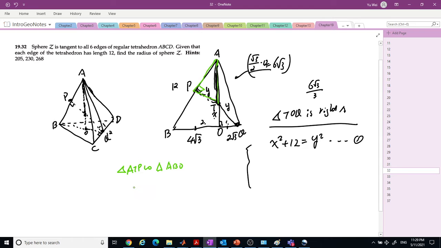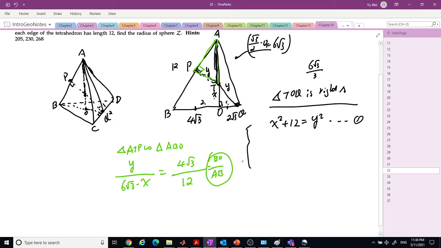Then that means y over 6 root 3 minus x is equal to 4 root 3 over 12. So this is BO over AB. Now you can try to solve this problem.